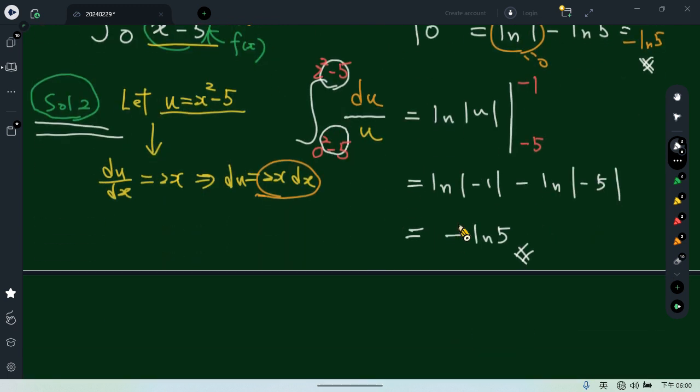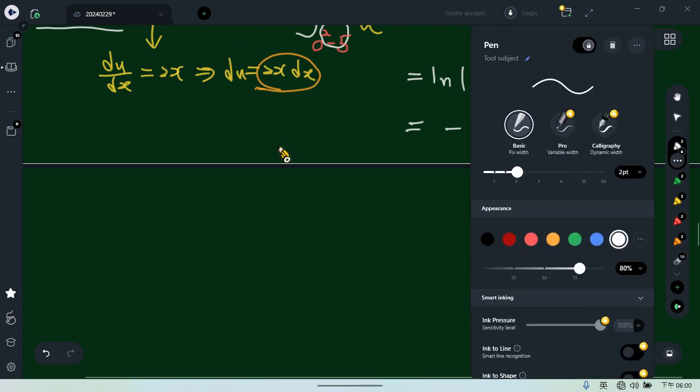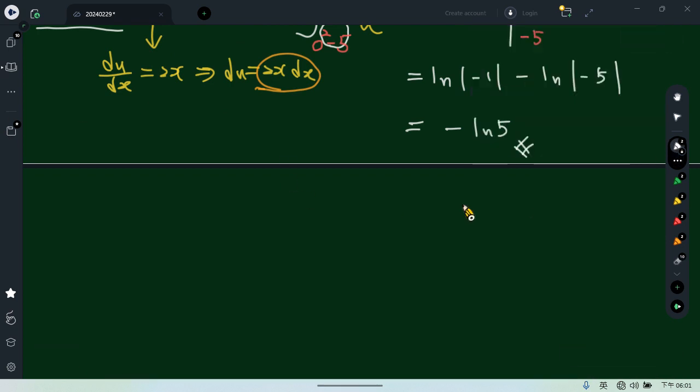So let me give you another example. We already learned this, right? Integral of sine x dx. What's the result? Negative cosine x plus c, right?